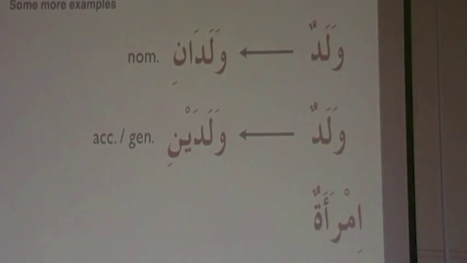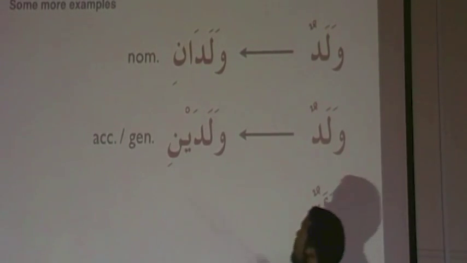Because we have waladun. So why do we say walada? I'm saying waladani. Why da? Where's the fatha? When we make waladun into walada and then add the nun, why do we change this to fatha?